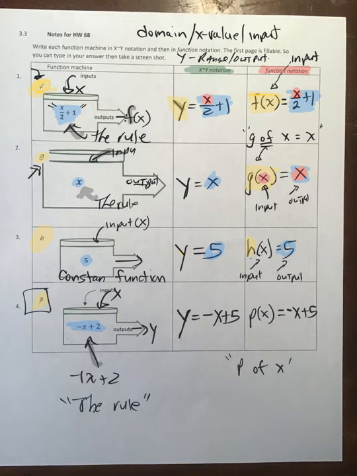So the rule goes on this side. So this basically just says no matter what you put into the machine, you're going to do negative times that input and add 5. So this is your input. And when you do this to it, then you're going to get your output.